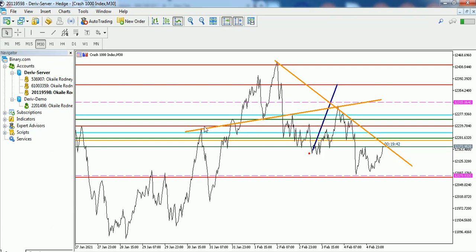So had you marked these previously, or in the previous video, you would have seen that the market was gonna retrace around this area. I'll mark it there, and then I need to mark more lines. I'm gonna mark from the bottom right here.